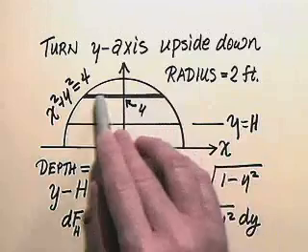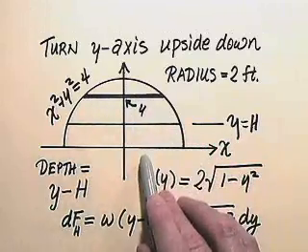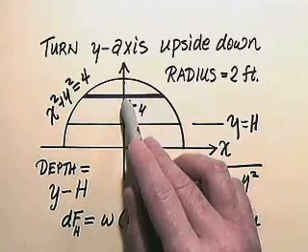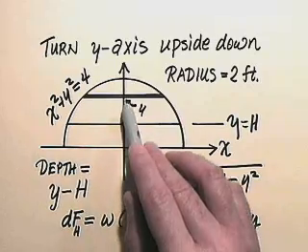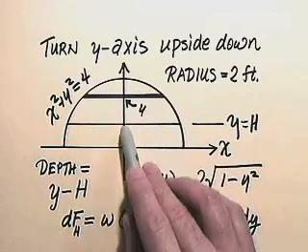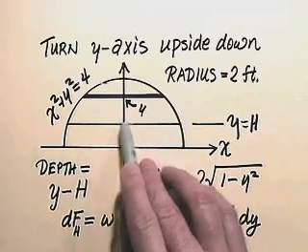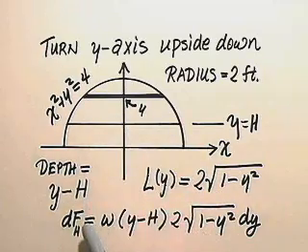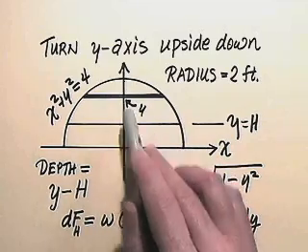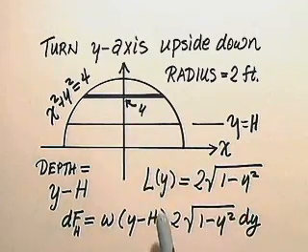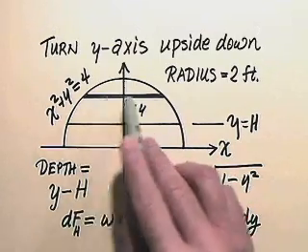Here's our typical horizontal strip at height y. And so notice, what's the depth of that strip? Well, it's that distance minus the distance from 0 up to the water level. y minus h is the depth here at y. Now, what's the length of the horizontal strip here?